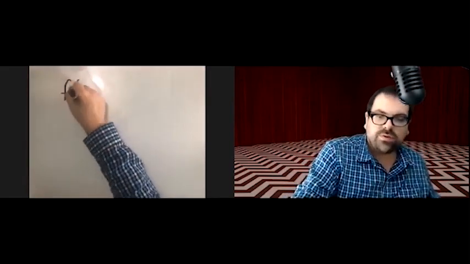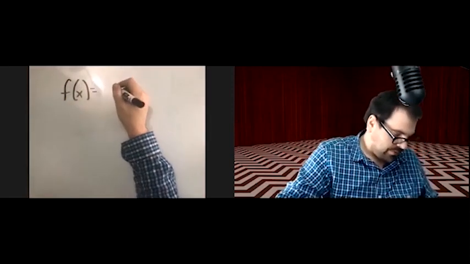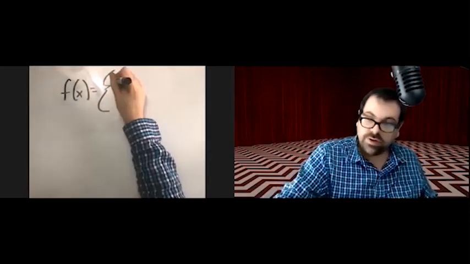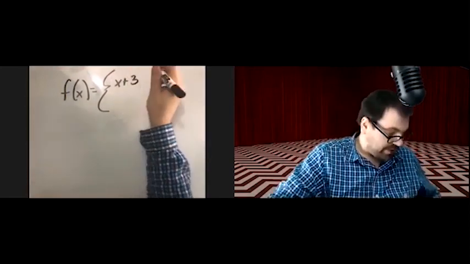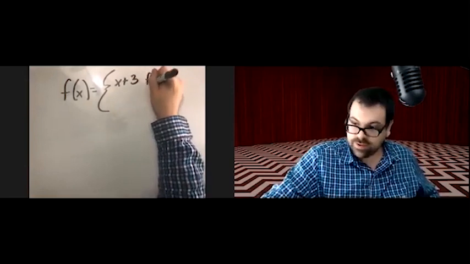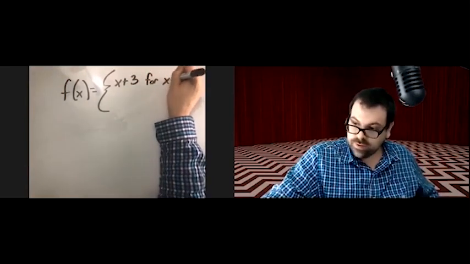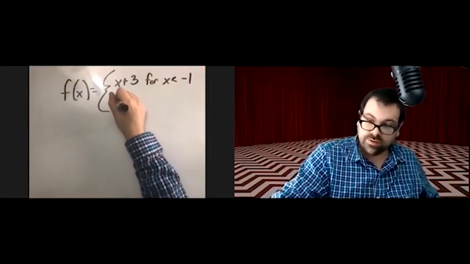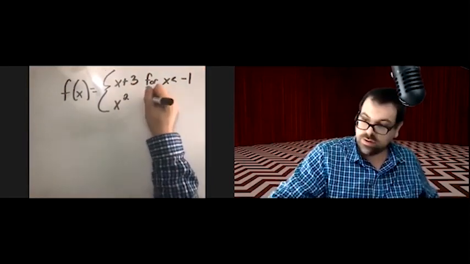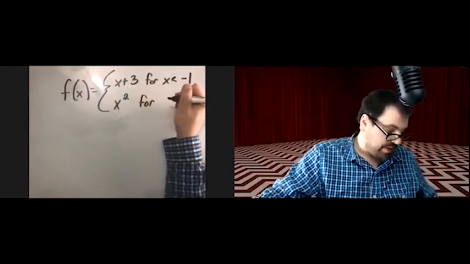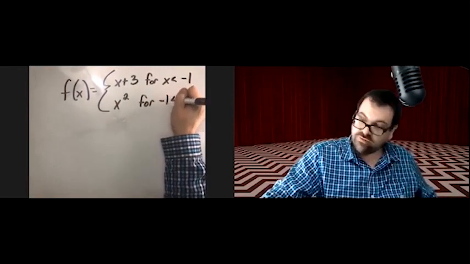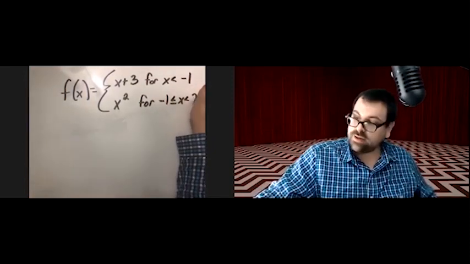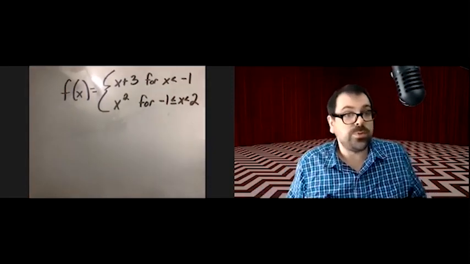This time I'm going to graph f of x equals x plus 3 for x less than -1, x squared for -1 less than or equal to x less than 2.